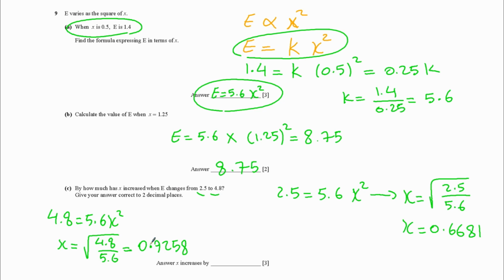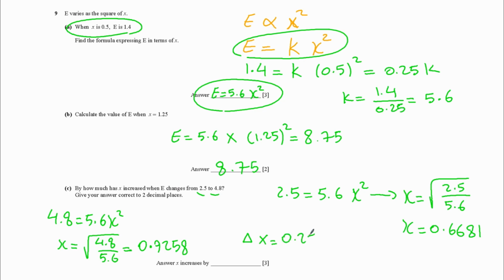So the change or increase of x, I can show it by delta just in case, because we normally show the change, the amount of x increase is 0.2577.